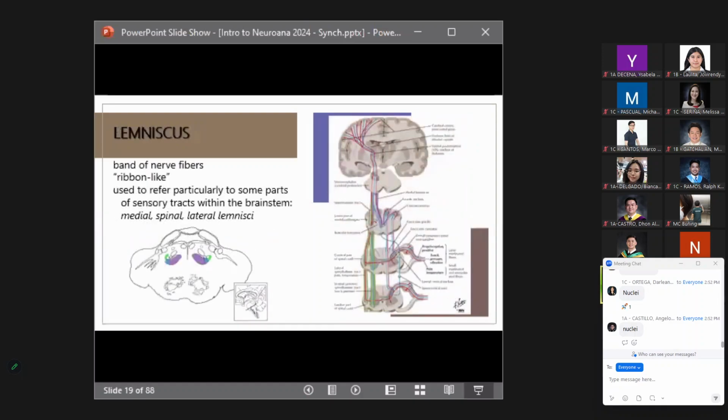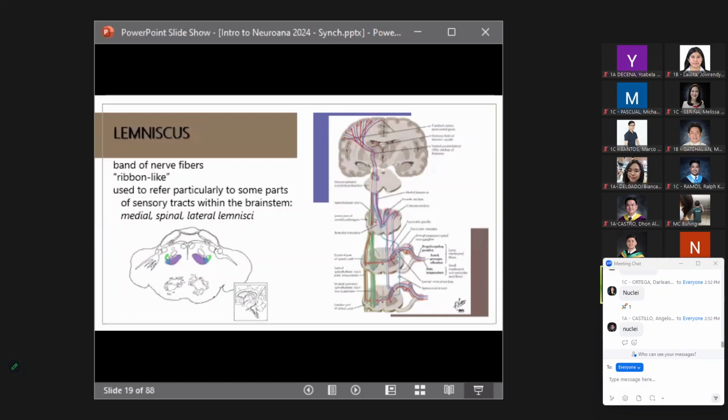Now, lemniscus refers to a band of nerve fibers, like a ribbon. This is used to refer to some parts of the sensory tracts within the brainstem. In this image on the right, there are fiber tracts from the spinal cord going to the cerebrum, in different colors: purple, blue, and green, and a little red on the side.